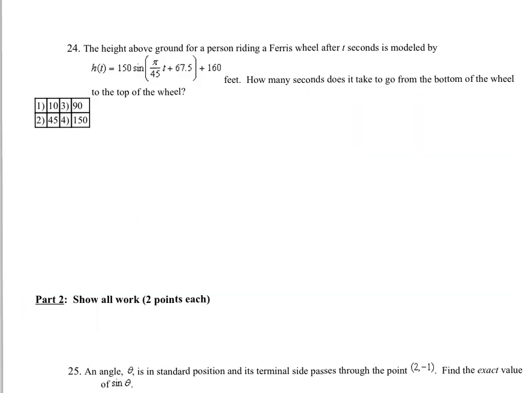Okay, so for number 24, I type that equation into my Y1 exactly as you see it. Make sure you use the alpha Y equals when you get to that pi over 45, and make sure that you're in radian mode. The next thing I did was find my x min and my x max.